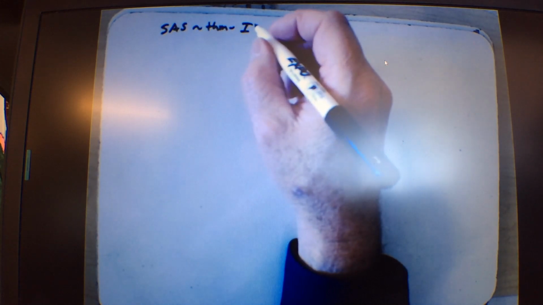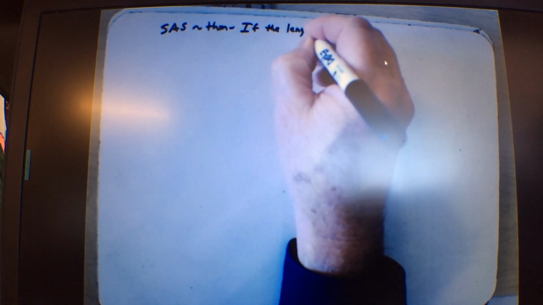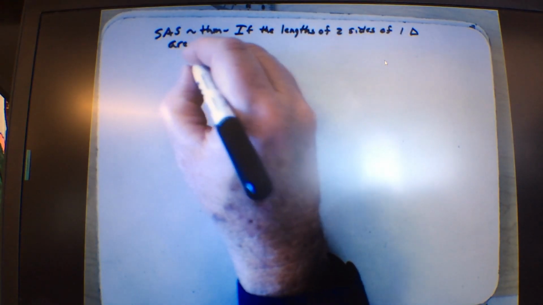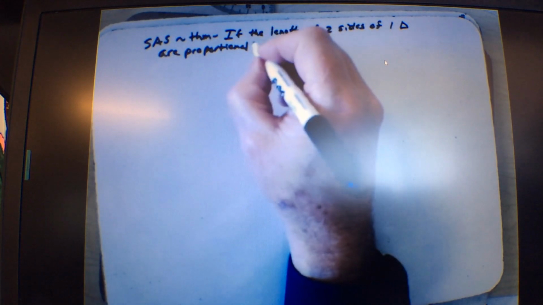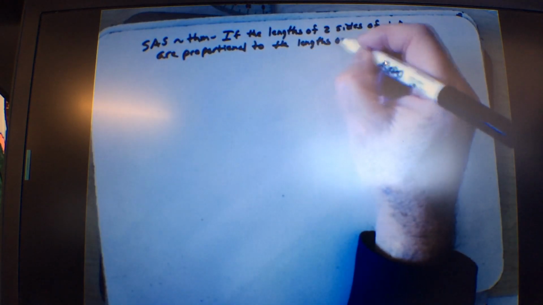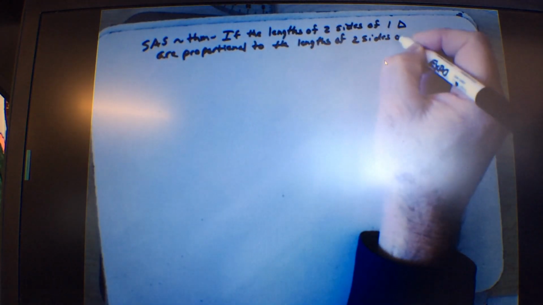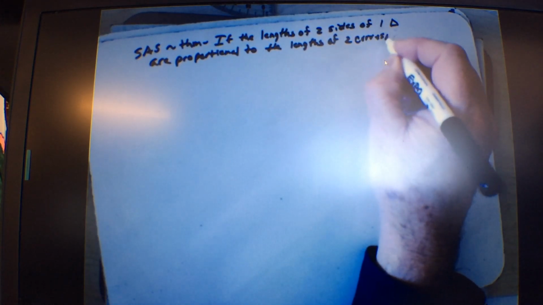It's called the SAS similarity theorem, and it says if the lengths of two sides of one triangle are proportional to the lengths of two corresponding sides, we better put corresponding, got to be careful there because there's a third side, isn't there?